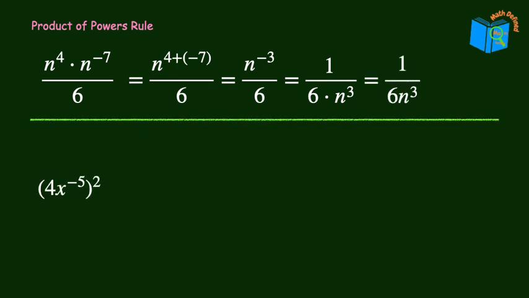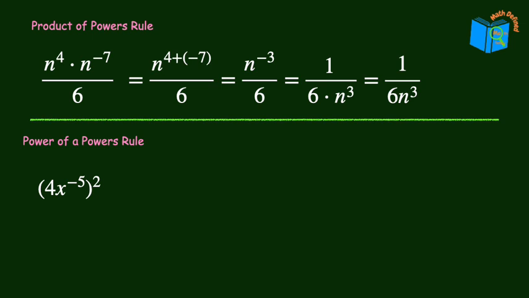Now let's look at this expression. When we see a power written this way, the exponent of 2 outside of the parentheses needs to be distributed to both the coefficient of 4 and the variable x to the negative 5th power. Then we can use the power of a power rule to simplify.